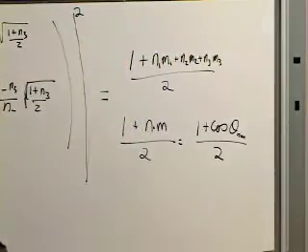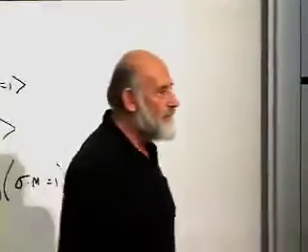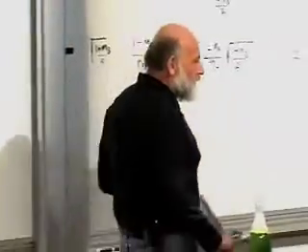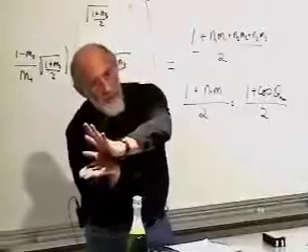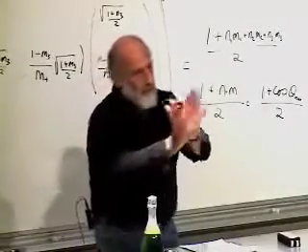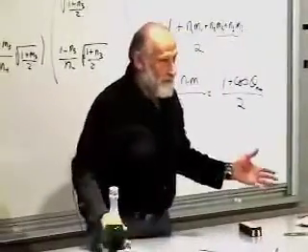Now, first of all, one interesting thing about it is that it only depends on the angle between n and m. That means you would get the same result if you rotated the whole experiment. That's an interesting fact.